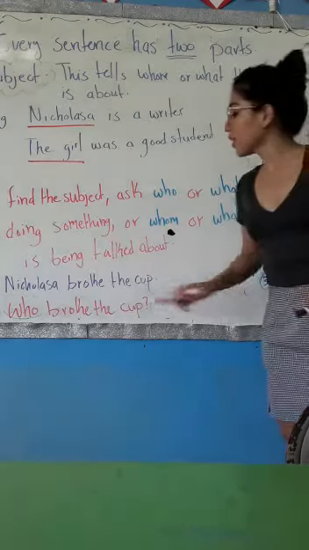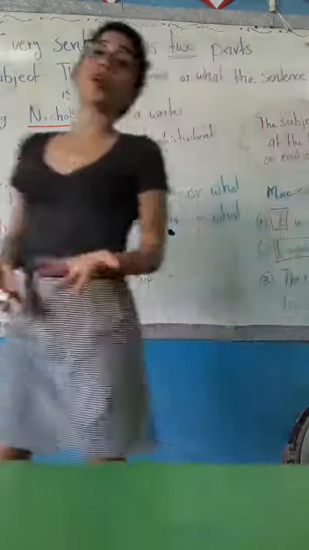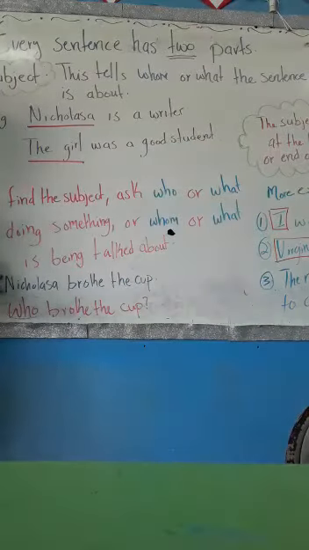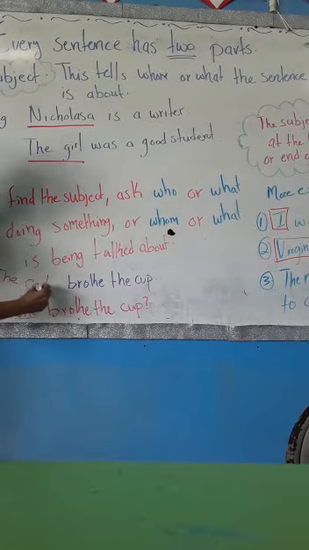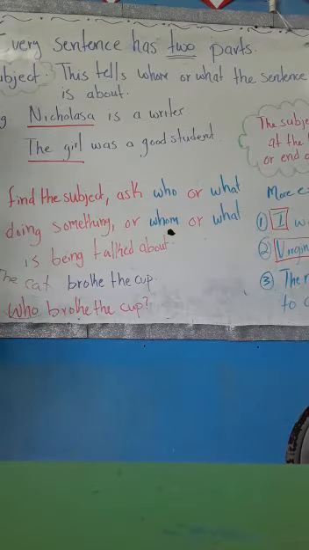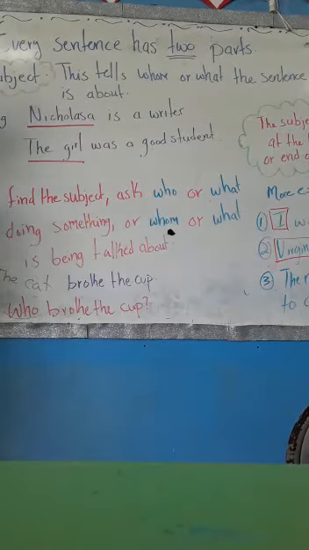For example, Nicolasa broke the cup. Now you can ask, who broke the cup? Nicolasa. She broke the cup. Now what if I put, the cat broke the cup? What broke the cup? The cat. So you have your subject.